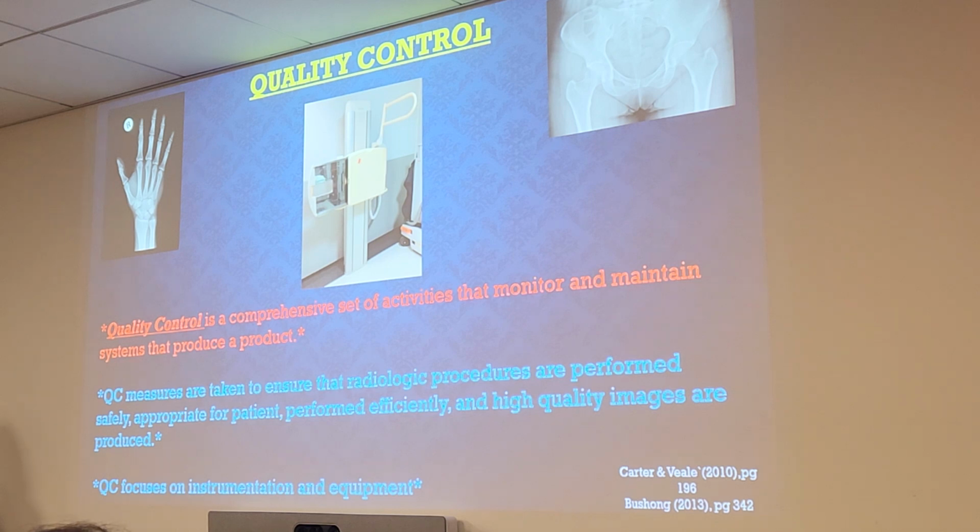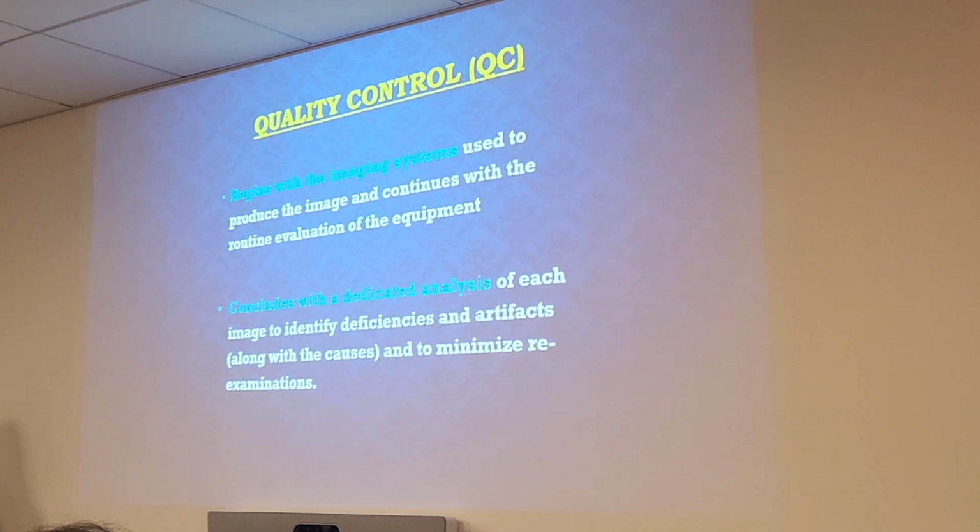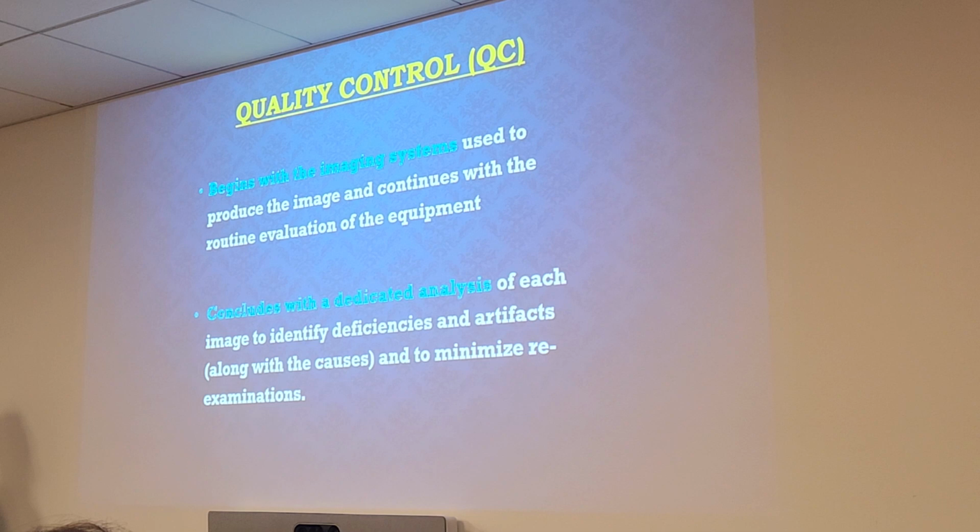QC focuses on instrumentation and equipment. The only takeaway that you need to know from this slide is that quality control begins with the imaging systems and concludes with a dedicated analysis.